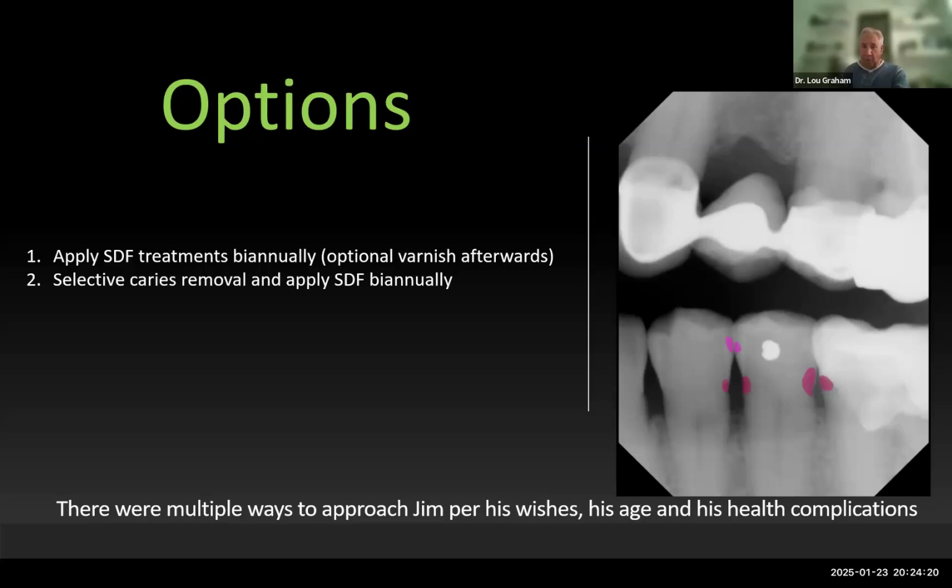You don't have to remove them all. Just remove what I would call soft caries, and then apply silver diamine fluoride. He won't feel it. The third option is you could do selective caries removal, apply SDF, and then place an RMGI right over it. And your RMGI is your final placement.